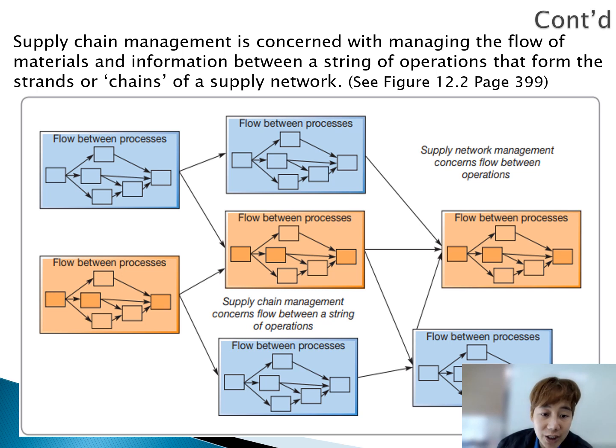Inside each process, there are links between different activities, and the flow between them. Supply chain management links the flow of material and information between a string of operations. Supply network management is concerned with flow between operations, one operation, two operations, something like that.